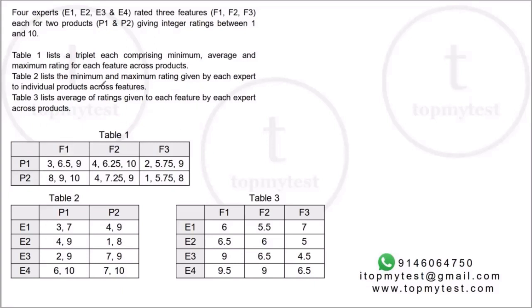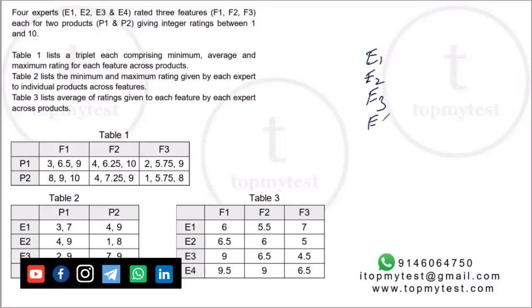Okay, so there are 4 experts, E1, E2, E3 and E4. These 4 people have rated 3 features for 2 products, P1 and P2. So there are 3 features, F1, F2, F3 for product 1.